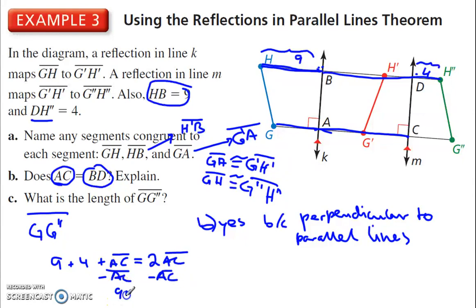We get 9 plus 4 is equal to AC. And we know that G to G prime prime is equal to 2 times AC. So that is 9 plus 4 gives us 13. 2 times 13 gives us 26 units.